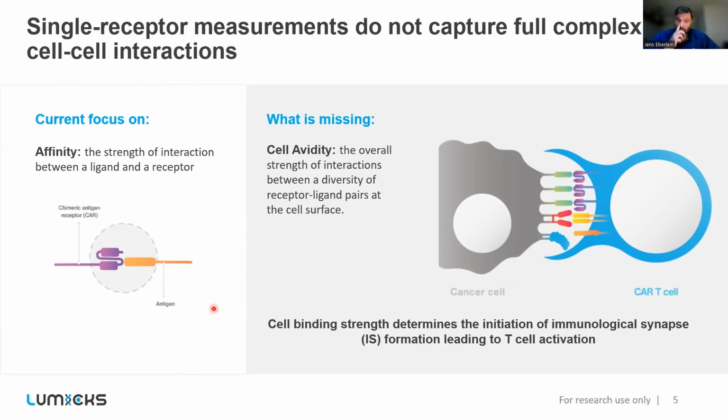Most often the gold standard is surface plasmon resonance, or SPR, where you're looking at on-off rates in a forceless environment. You can calculate the KD here, and this can be extremely useful in biopharma to screen large panels of potential binders.